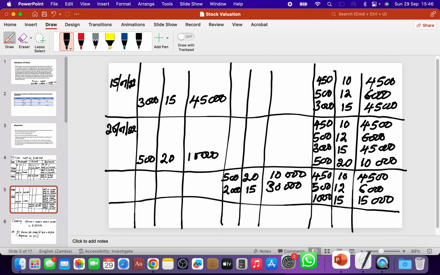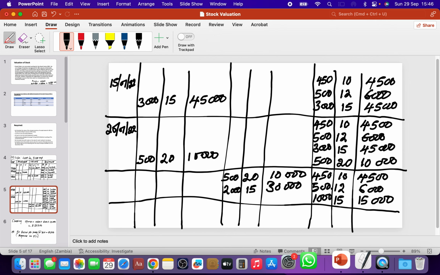After giving a customer 500, I'll remain with 2,000 units to give to a customer, and that 2,000 units I'll get from this batch of 3,000 units. And this batch, the stock is valued at $15. Okay? 15 times 2,000 will give me $30,000.